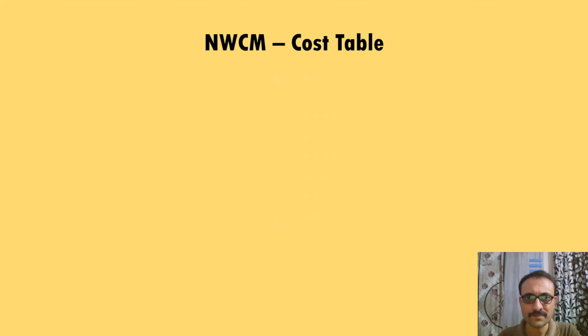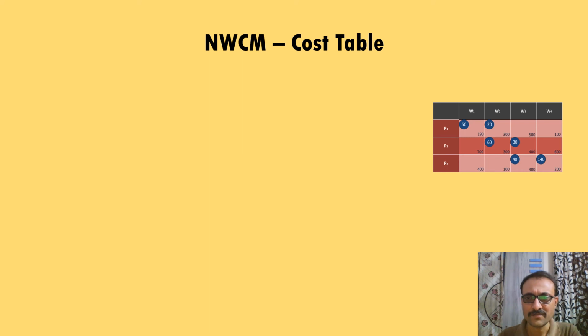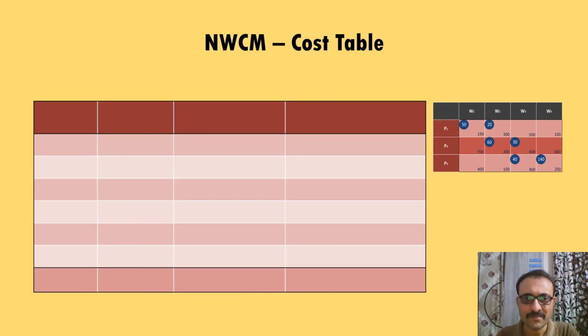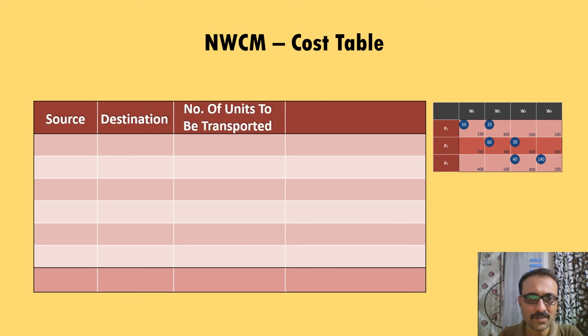So this is the NWCM cost table, where this is the snapshot of the previous slide. If you notice, these are the allotments, and this is the table that we have just prepared, where the headings are source, destination, number of units to be transported, and the cost.